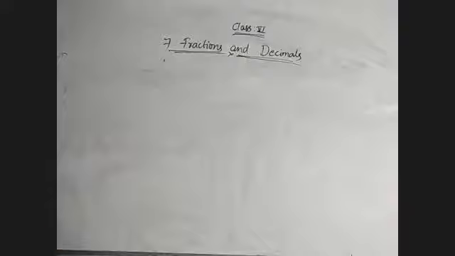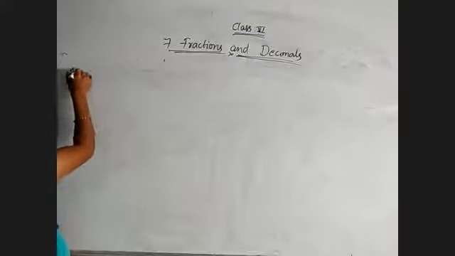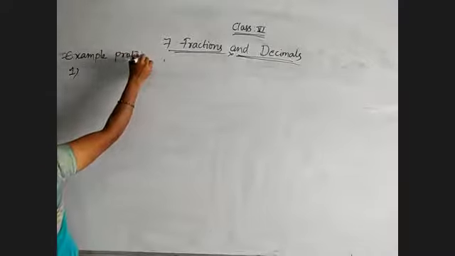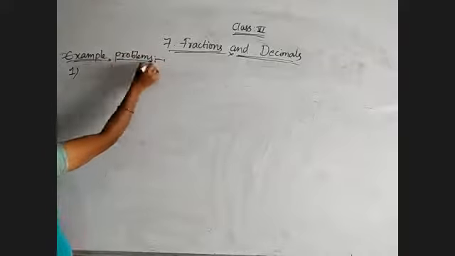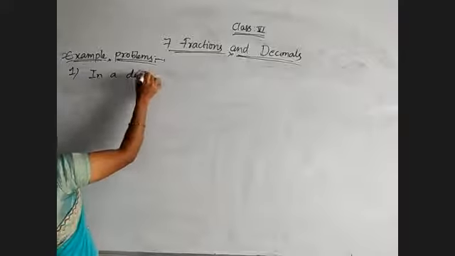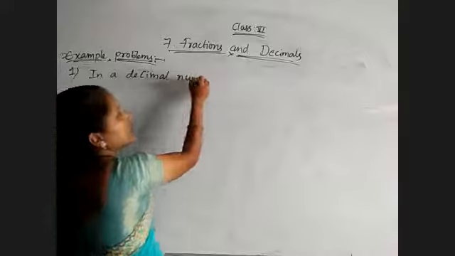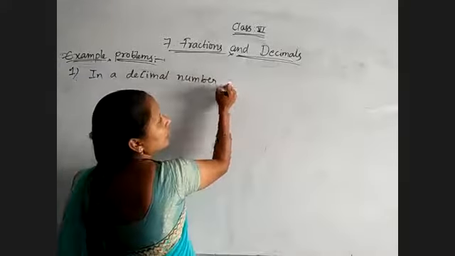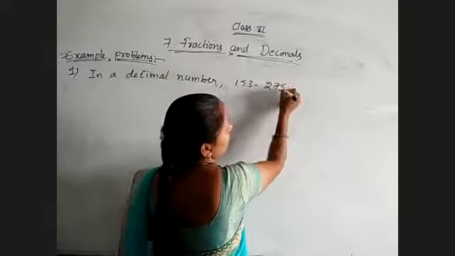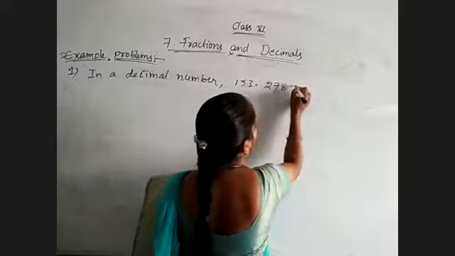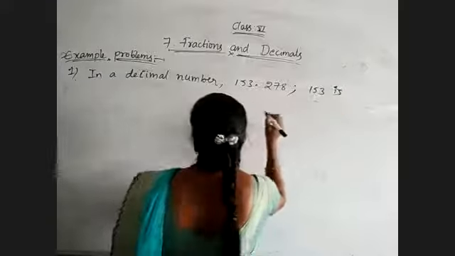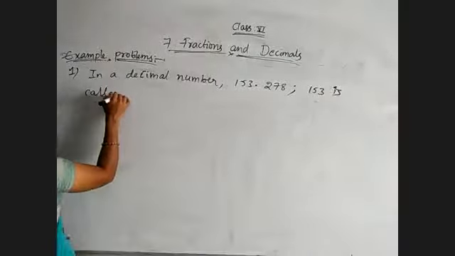Okay, first suppose they are given questions like this, example problems. In a decimal number 153.278, 153 is called dash.